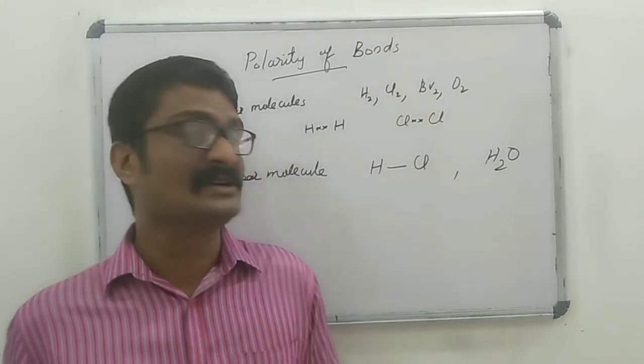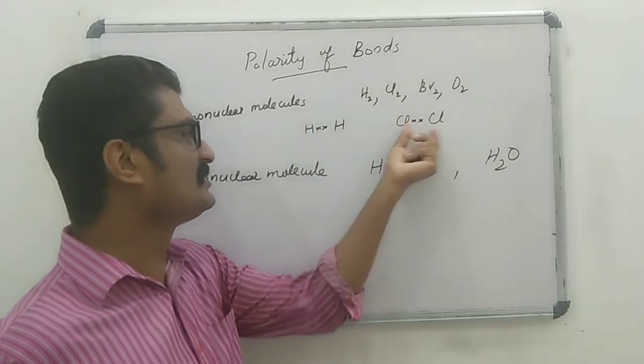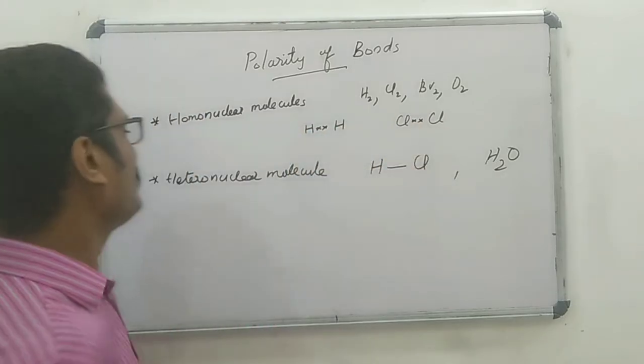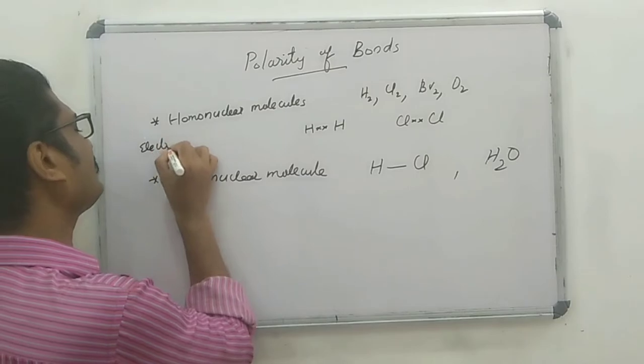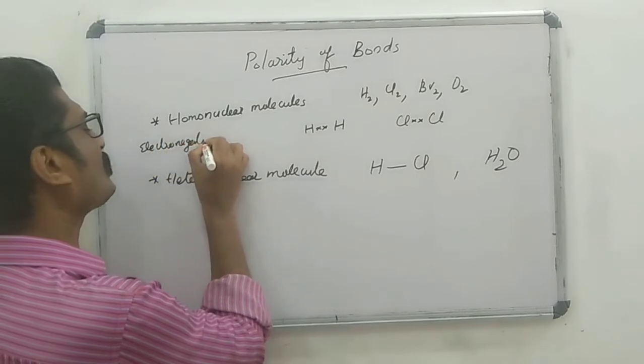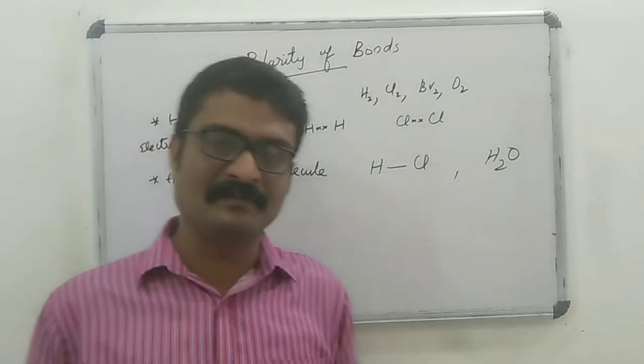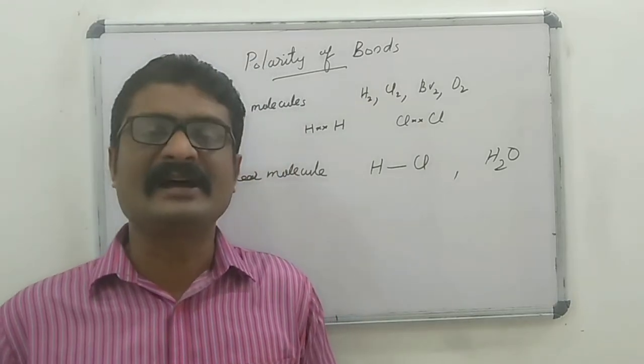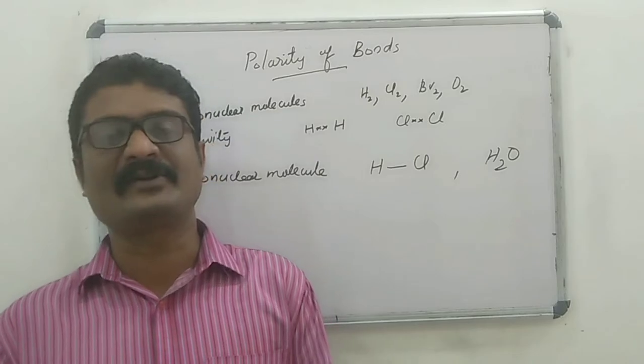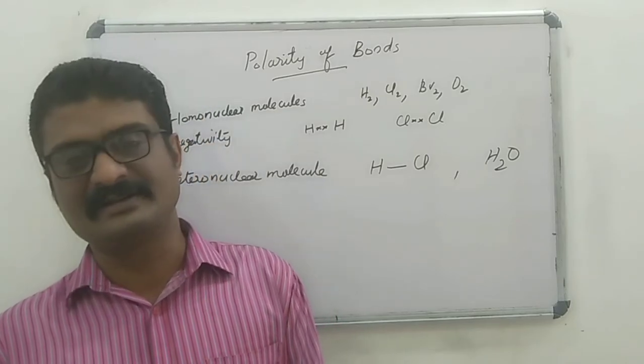The reason is that the electronegativity of these two bonded atoms is the same. What is meant by electronegativity? Electronegativity is the ability of a bonded atom to attract the shared pair of electrons towards its side.